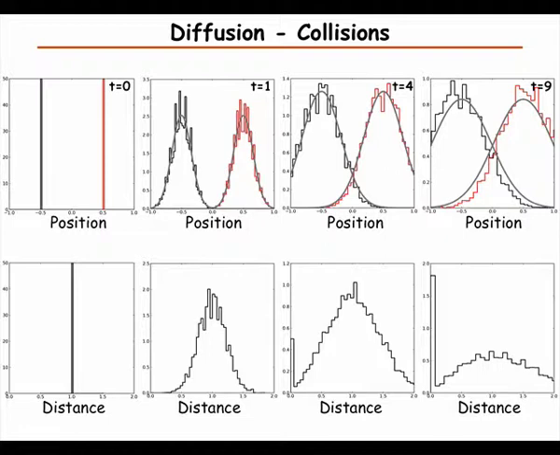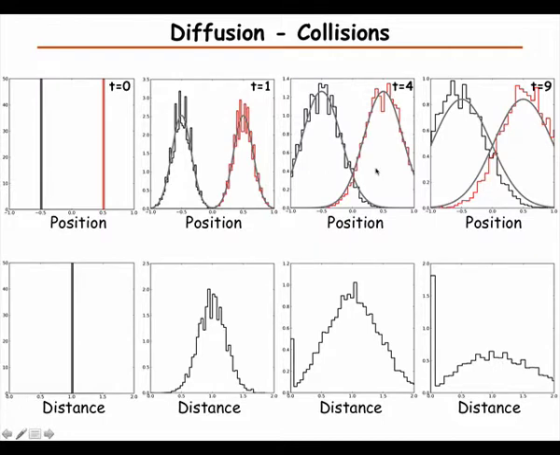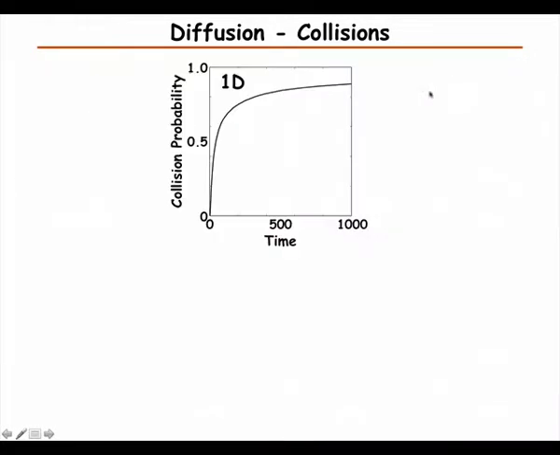So now, of course, we can also look at the probability. Observe that the times here were 1 through 9, but now we're looking at a different time scale, up to 1,000. So now we're looking at the probability of collision. This is in one dimension, just two particles.